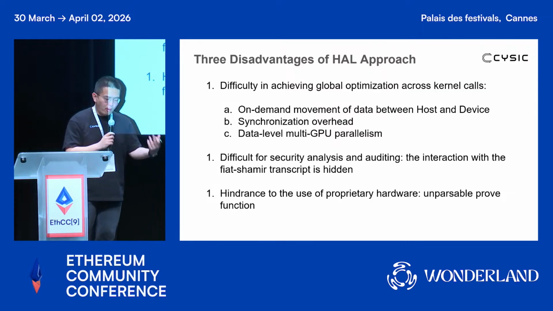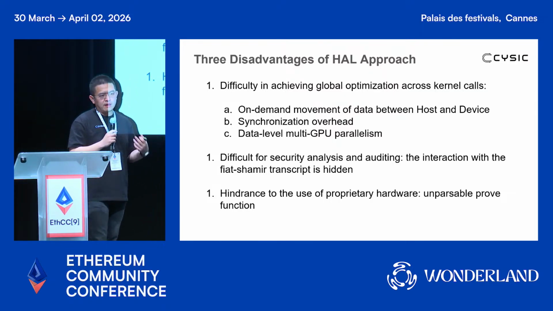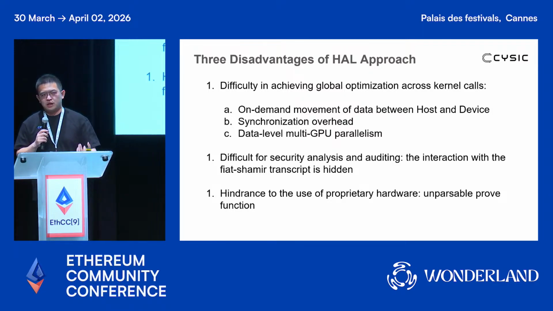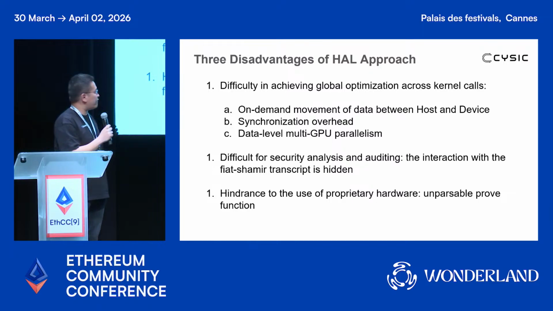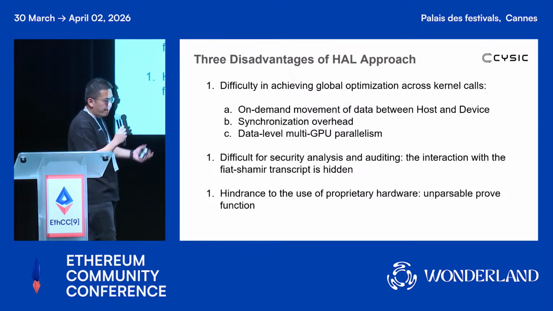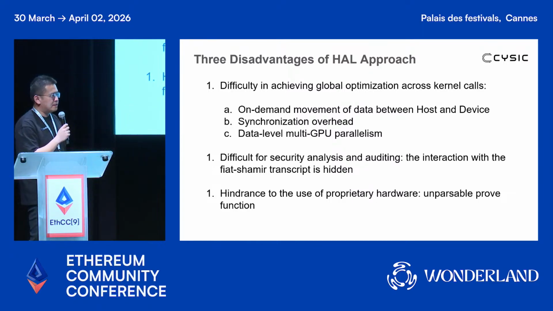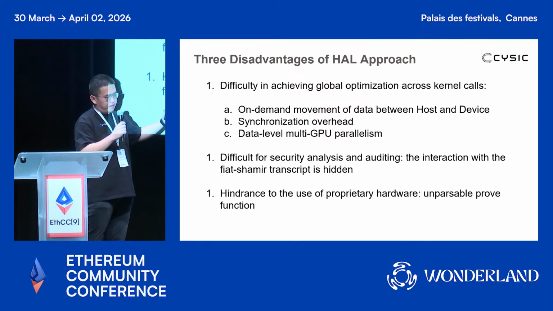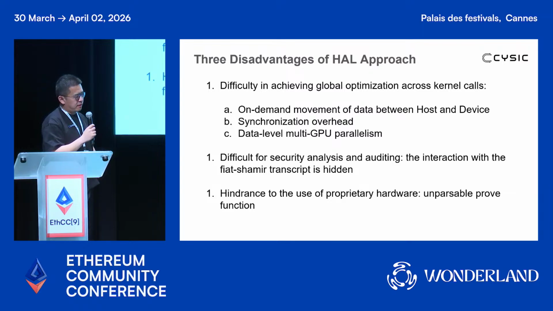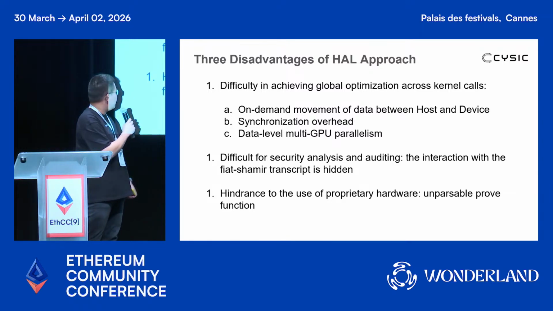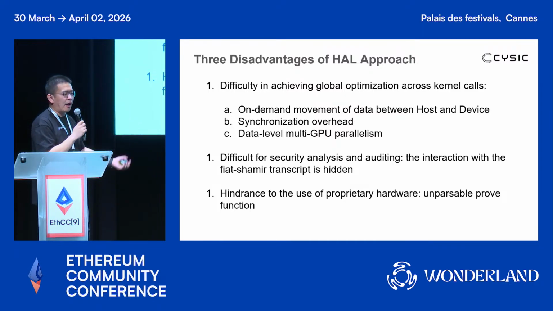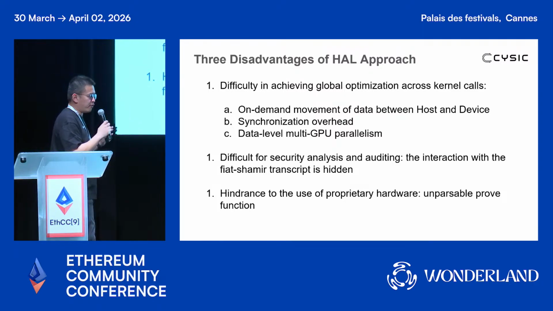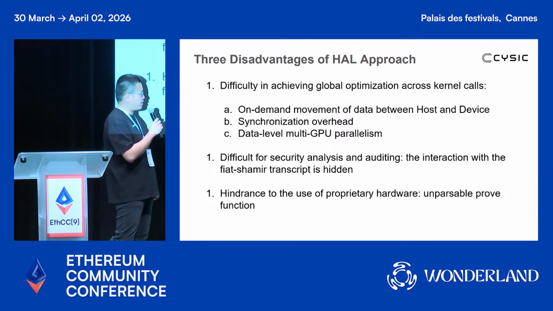And starting a kernel on the GPU also takes some time. So it's difficult to achieve global optimization. Second, the HAL treats things as a black box, and there are some interactions such as the Fiat-Shamir transformation and the ILP reduction, which remain hidden from the proving process.